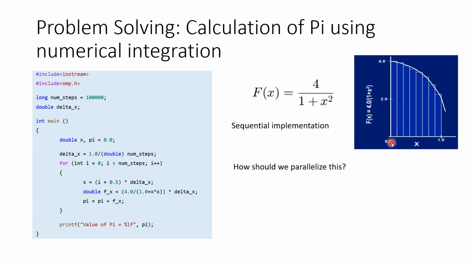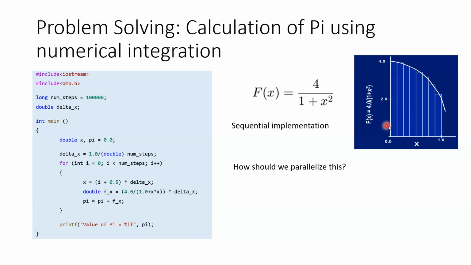Out of this 0 to 1, maybe 0.01, which we will calculate. We create two variables, x and pi, set to 0, and delta x is basically 1 by number of steps. So if you have 0 to 1 and 10 strides, 1 by 10 is the width of this rectangle, which is delta of x.